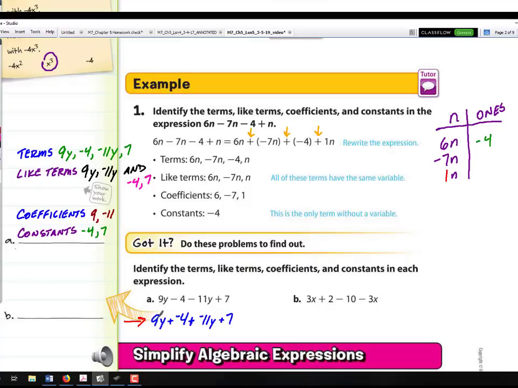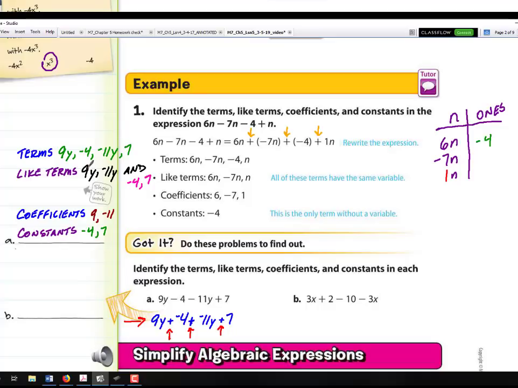So 9y plus negative 4 instead of minus 4 plus negative 11y instead of minus 11y plus 7. So then my terms, once I have this, my terms are everything separated by these addition signs. So my terms are 9y, negative 4, negative 11y, and 7.